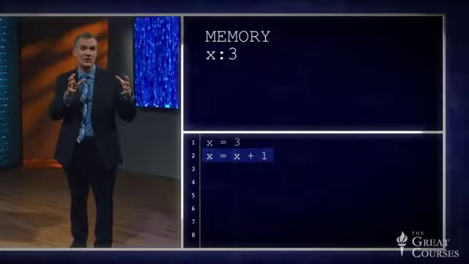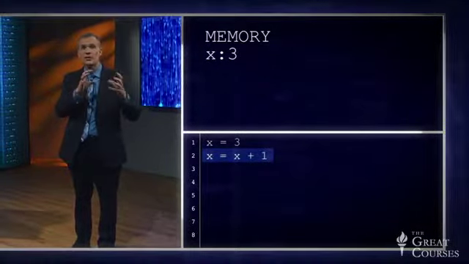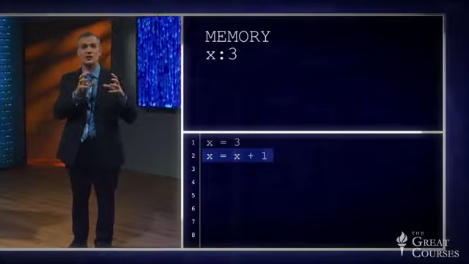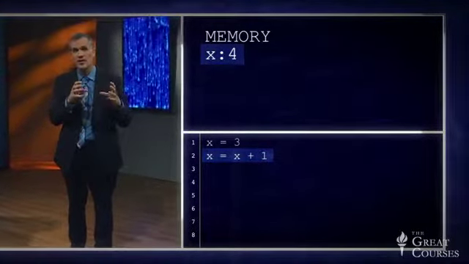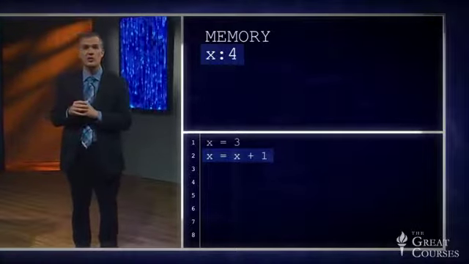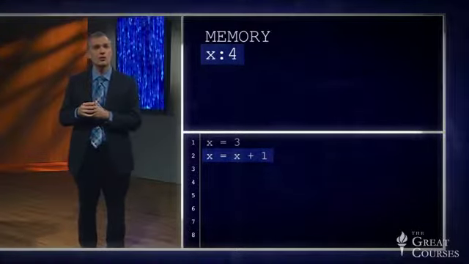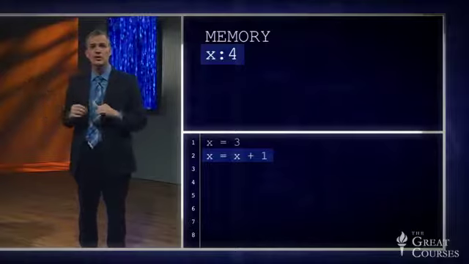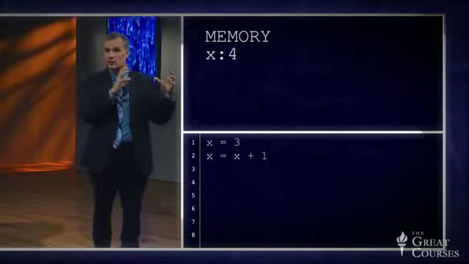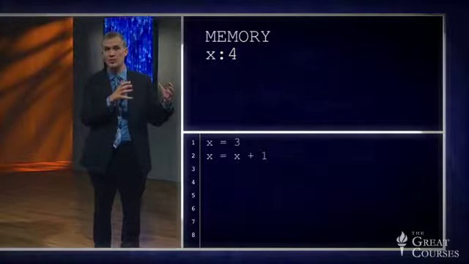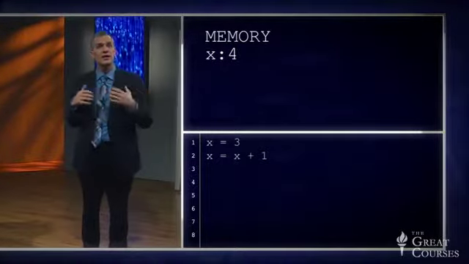Since the current value of x is 3, the computer evaluates this right-hand side to determine that it should be 4. It's this value of 4 that then gets assigned to the variable on the left-hand side of the assignment, which in this case is x. Notice that the order is important. The computer first evaluates the right-hand side to determine what will be assigned, and then it assigns it to the left-hand side.